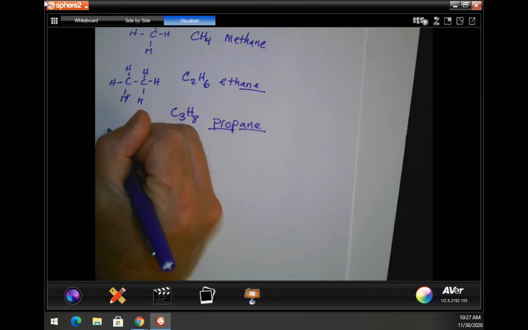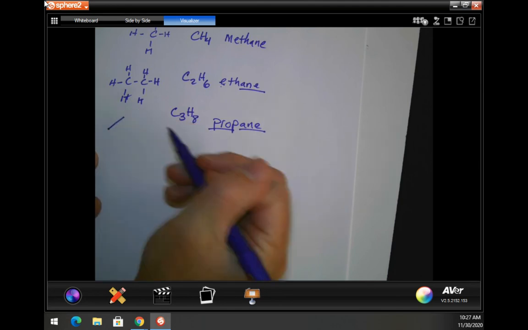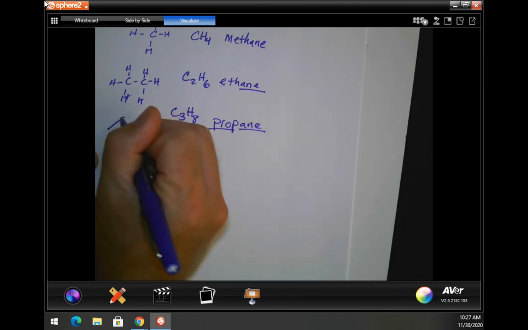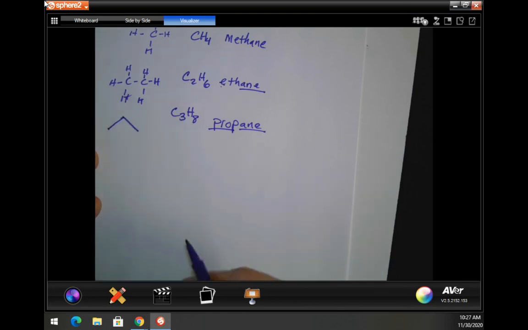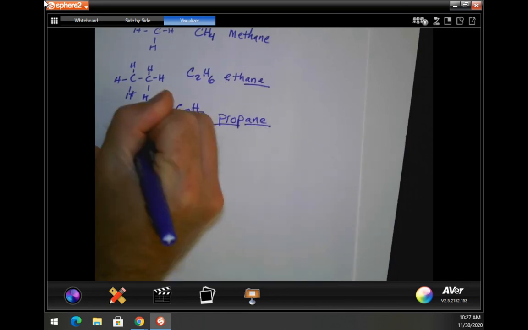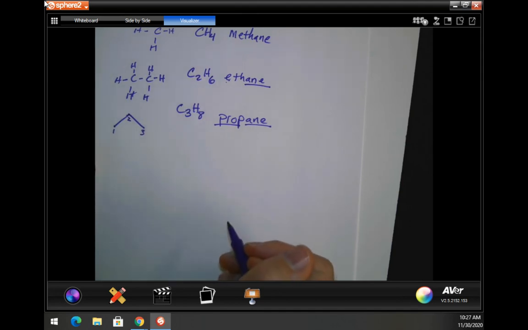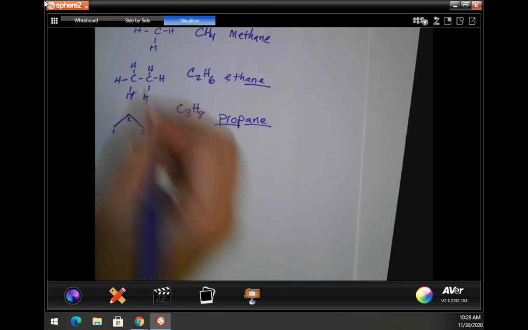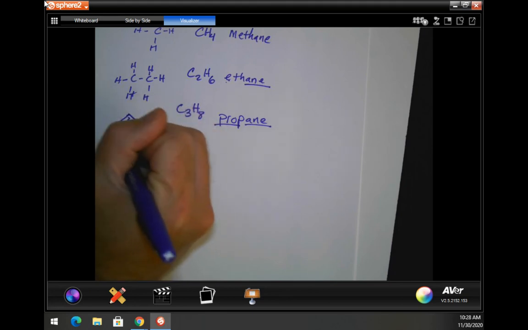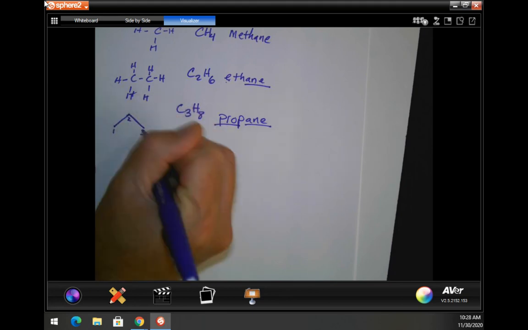Every single line equals 2. So there's 1, 2, 3 carbons. Much easier, right? The line structure is much simpler than drawing out all the carbons. You're just assuming there's 3 H's here, 2 H's here, and 3 H's here.